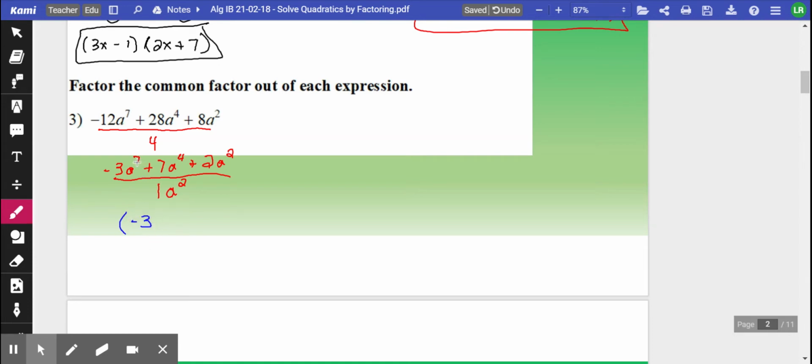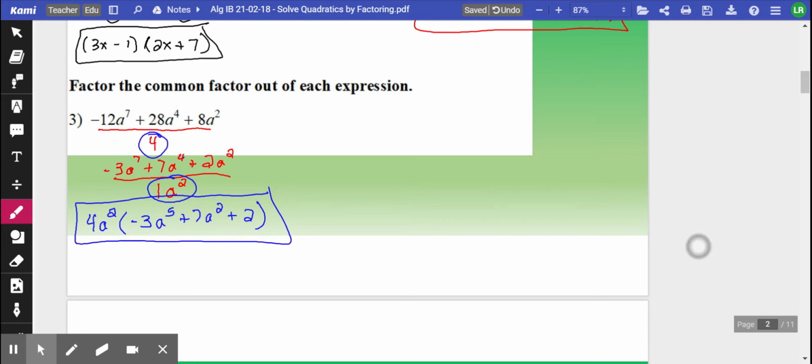I'm dividing out 2 of those a's, so it'd be a to the 5th. 2 of those a's, that'd be positive 7a squared. And I'm taking both of those a's away, so it's just plus 2. Okay. And then don't forget, on the outside, you put these two things multiplied together. 4 times 1a squared is 4a squared.